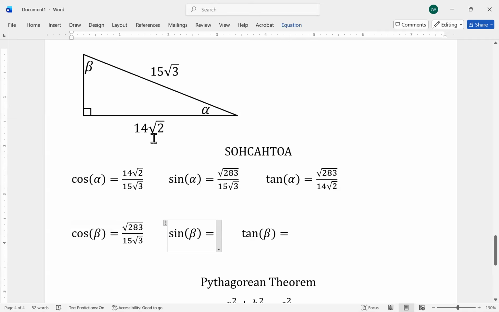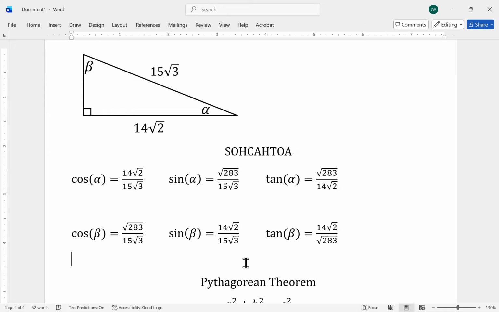Side opposite of beta is 14 root 2 divided by the hypotenuse, which again is 15 times the square root of 3. Tangent of beta is going to be opposite, which is 14 times the square root of 2 over the adjacent, which is the square root of 283. So there I found all of the values for my trig functions, cosine, sine, and tangent for both angles alpha and beta.